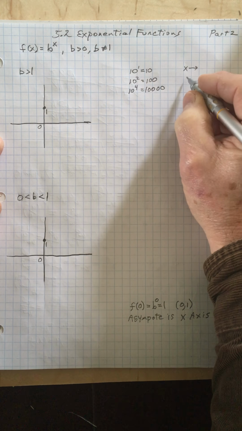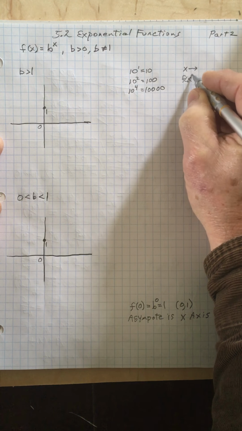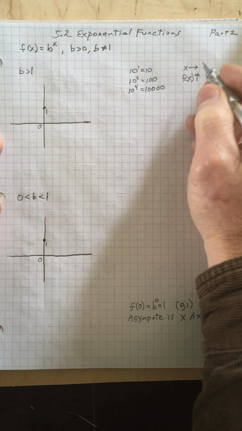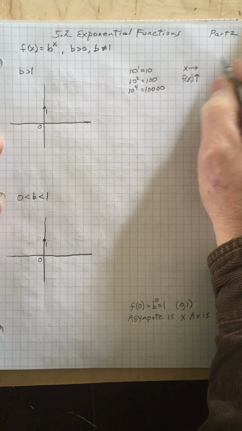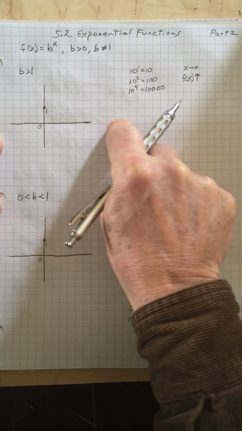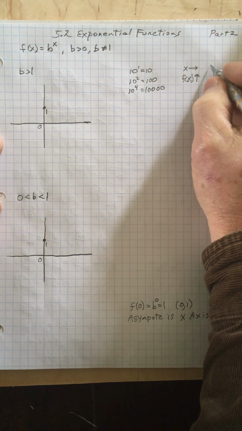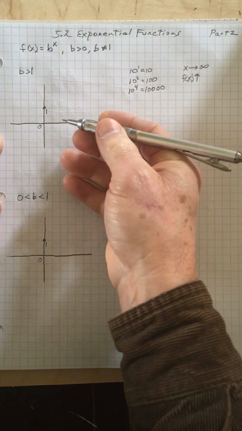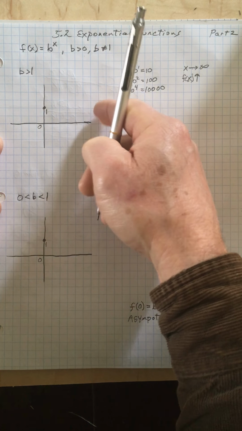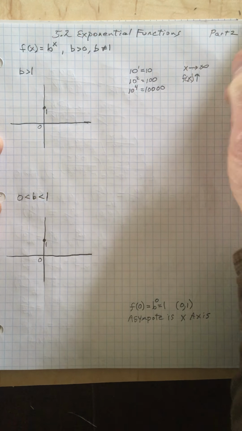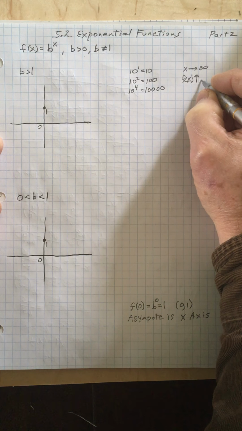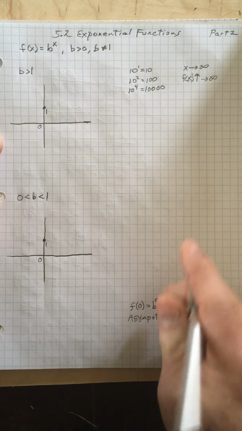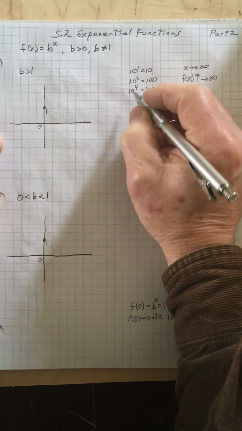It's also increasing. f of x is increasing. So as x approaches infinity, as it continues on and on and on, what does the function do? As x goes to infinity, the function is getting bigger and bigger and bigger. So the function also tends to infinity.